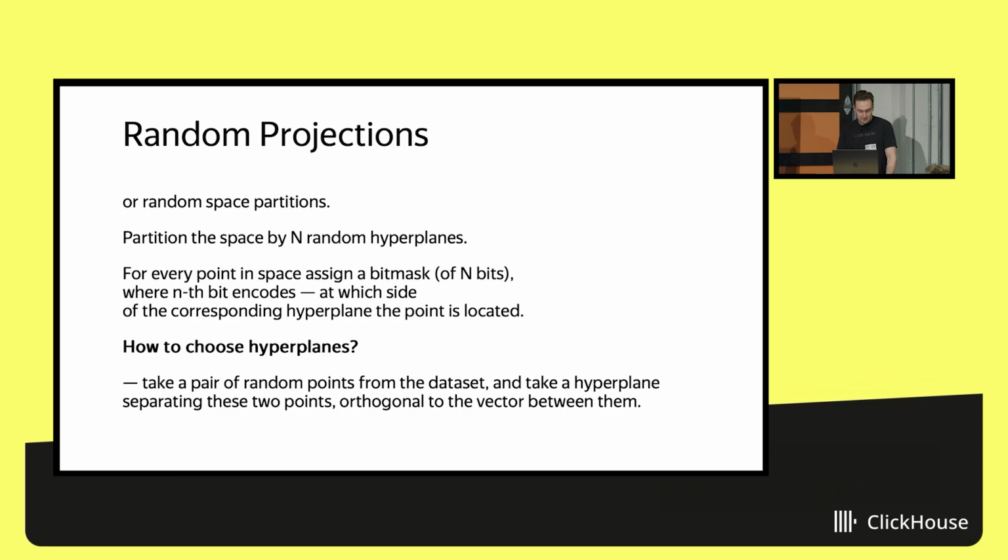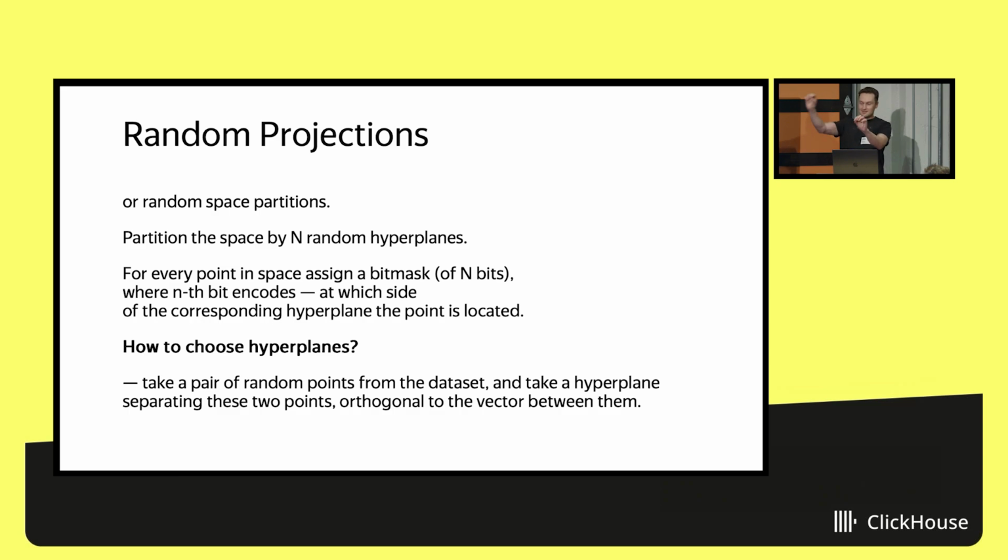The idea is we have our vector space, it is multidimensional, and we have many points in this vector space, and we want to split it, like split it into two halves. So half of the vectors will be in one, half will be in another, like this.